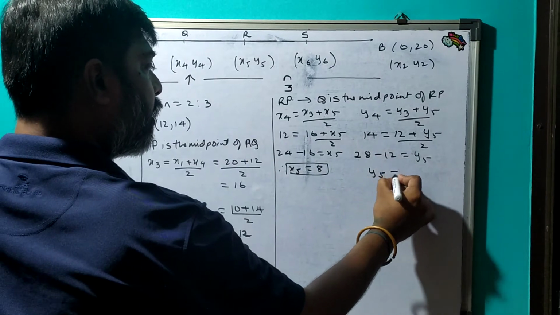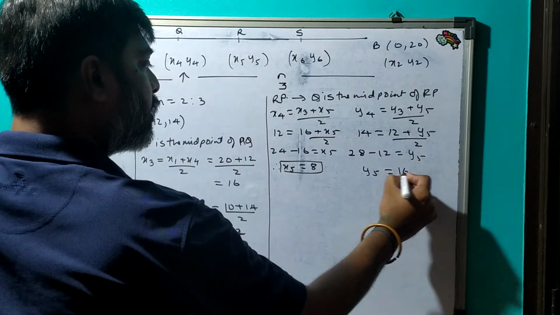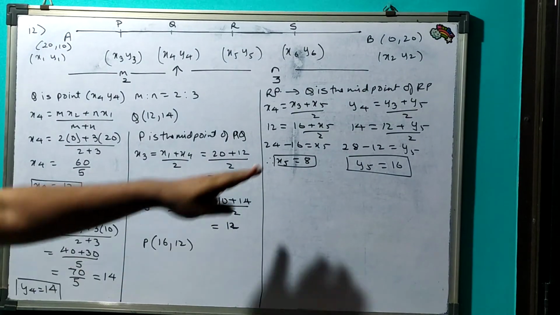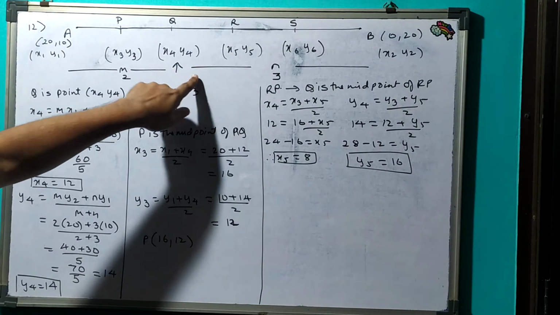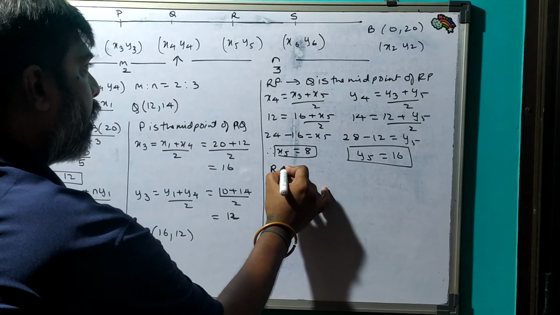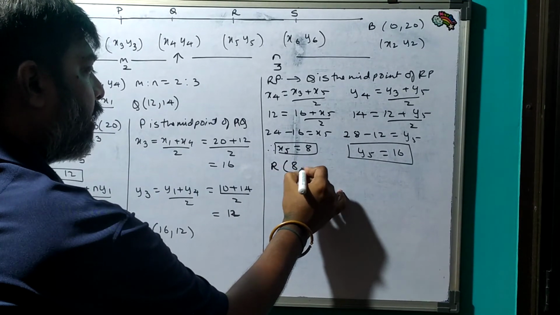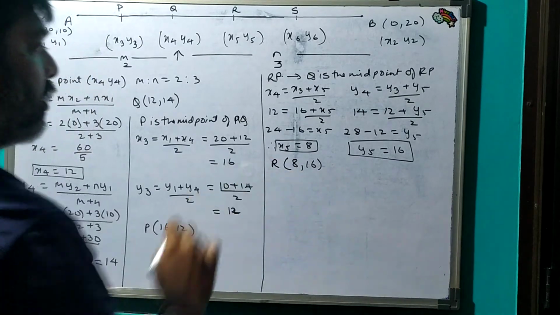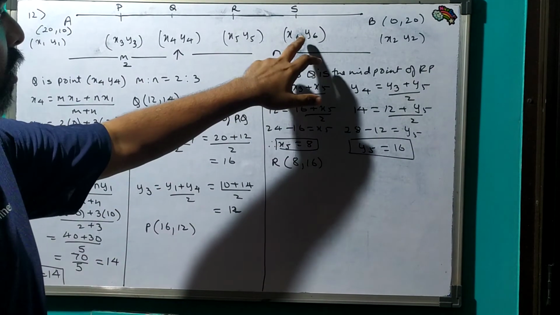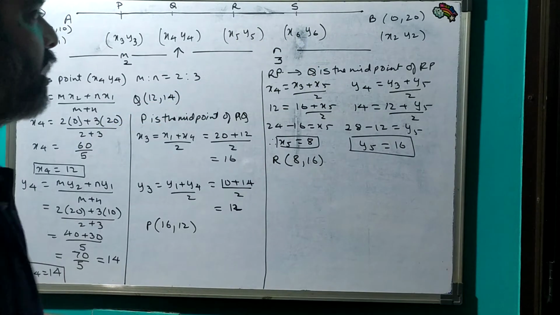Therefore, y5 is equal to 28 minus 12, that is 16. So what is the coordinate? Which point is this? R. So R I have got (8, 16). This is also found.